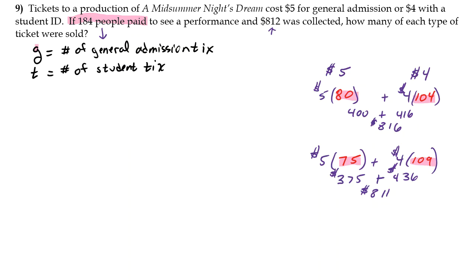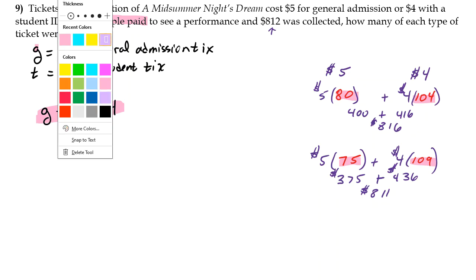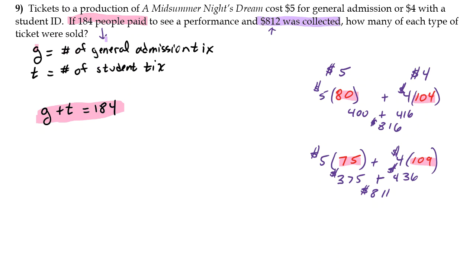Okay, so now we're going to write an equation. As we saw over here, we need these two values to add up to 184. That's the total number of tickets sold, right? That's what we were doing when we were guessing and checking with the 80 and 104 and 75 and 109. Then the other thing we did was calculate the total revenue, so that's the $812 that was collected.